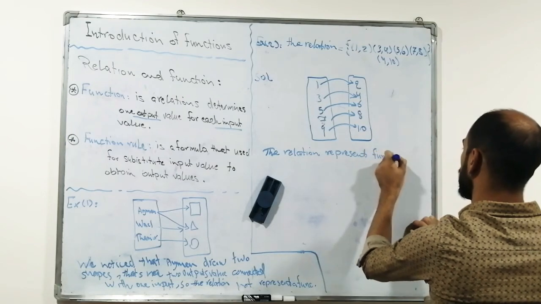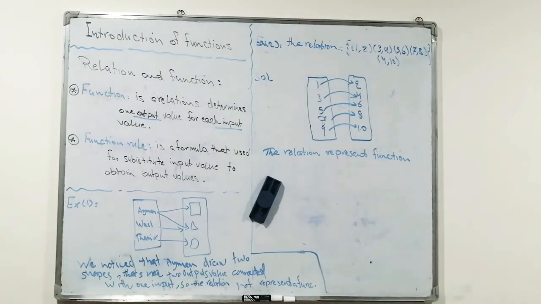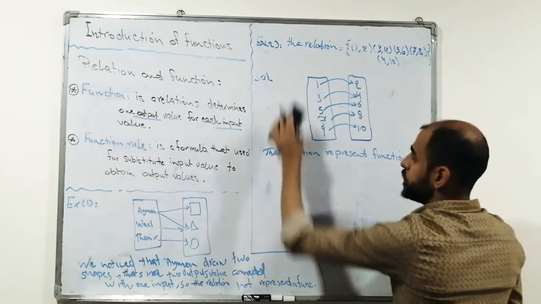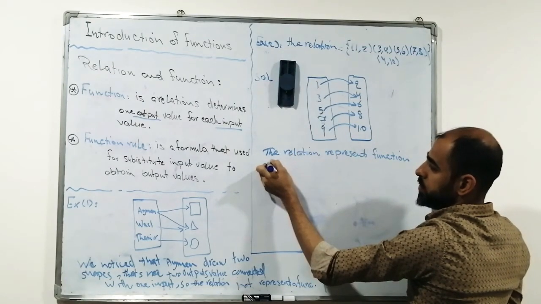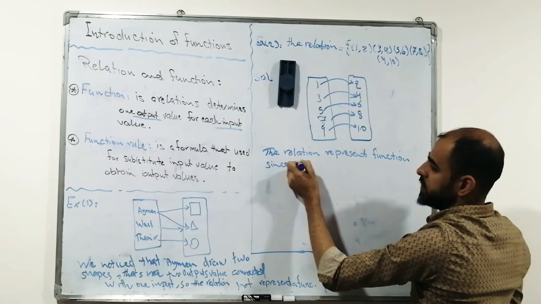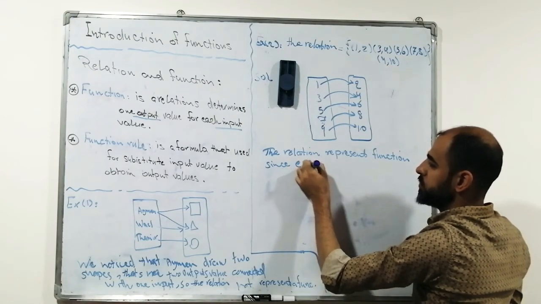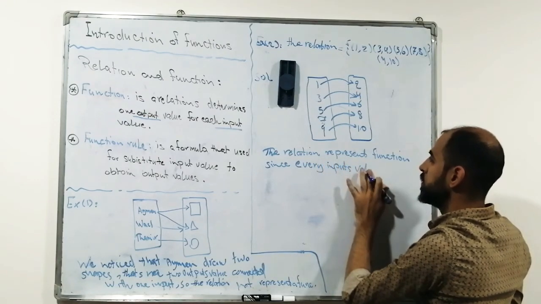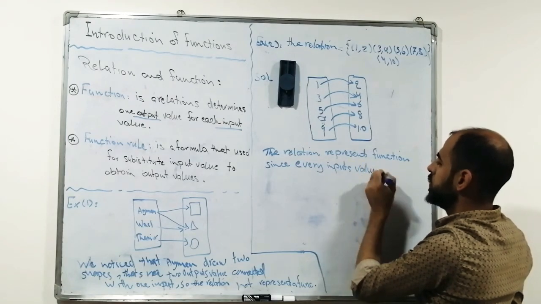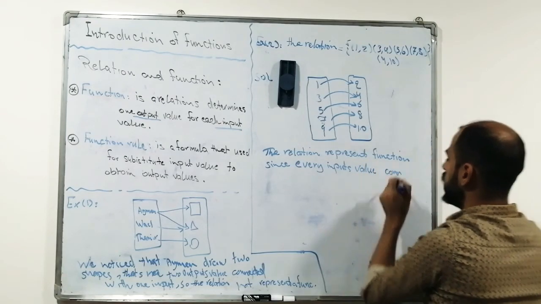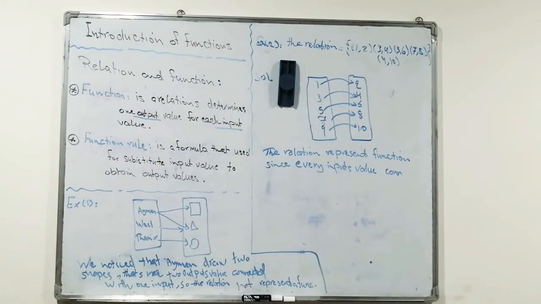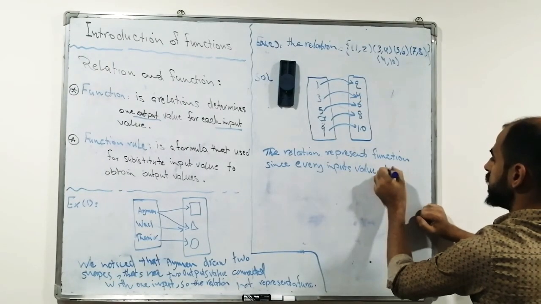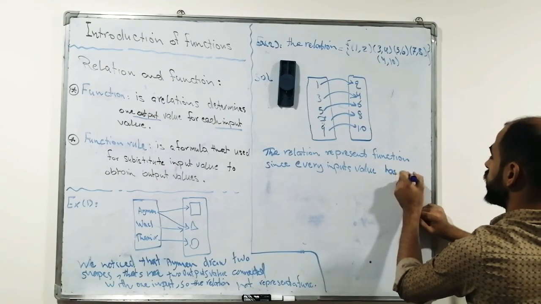A function. Why does it represent a function? Because every input value connects to one output.